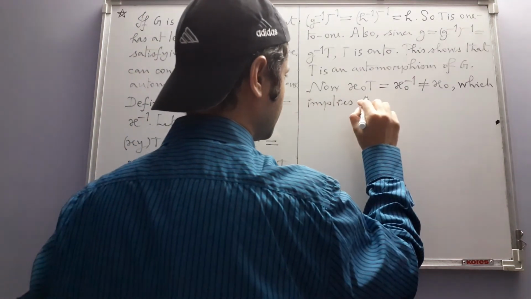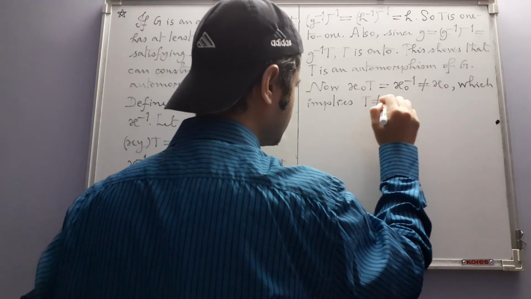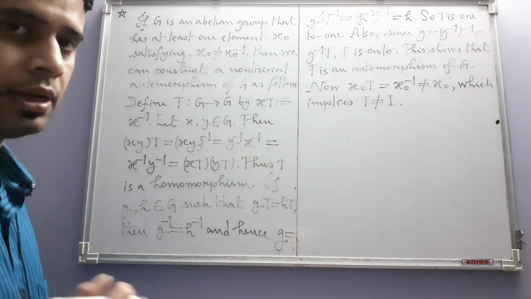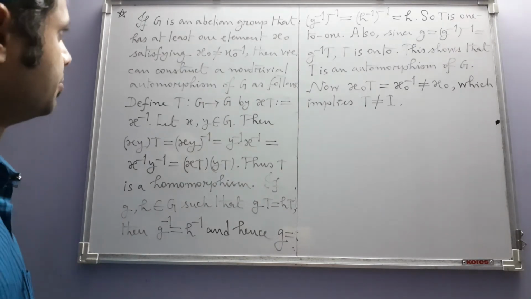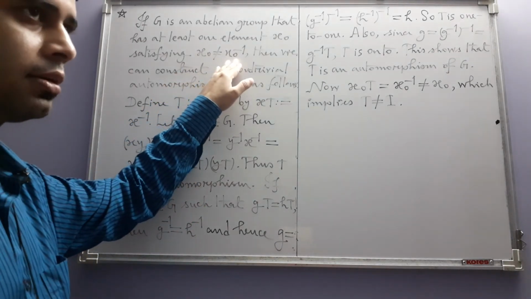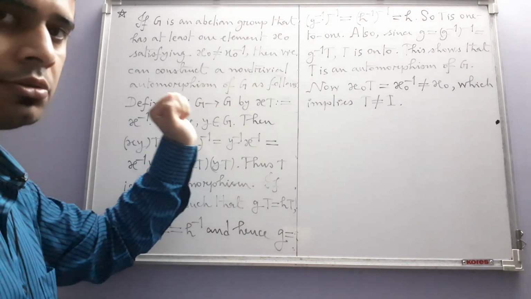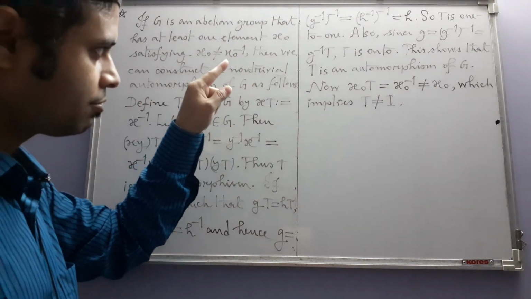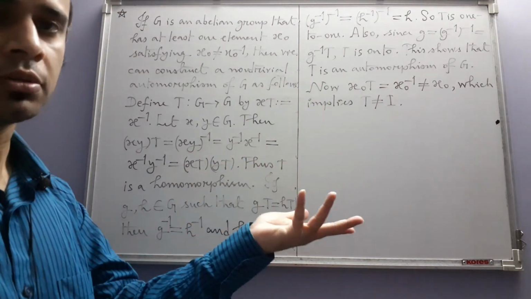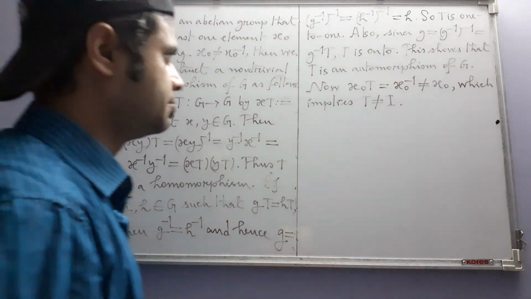So this implies T is not equal to the identity automorphism, it is something else. So that's how in any abelian group where there is at least one element which is not equal to its own inverse, we can find a non-trivial automorphism which is different from the identity automorphism.